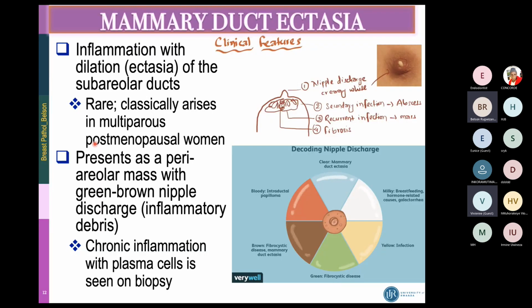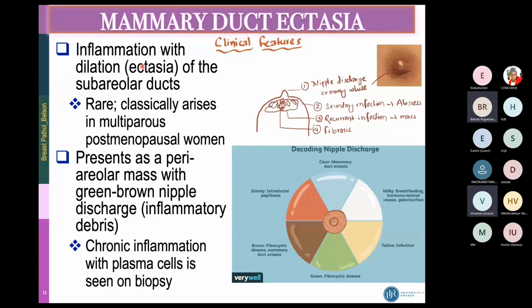So mammary duct ectasia is inflammation with dilation or ectasia of the subareolar duct. It is rare and classically arises in multiparous postmenopausal women. Although they say it is rare, I think in our context it is one of the most common lesions we see in pathology, at least in East Africa.